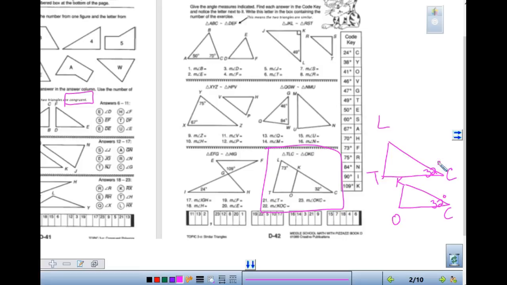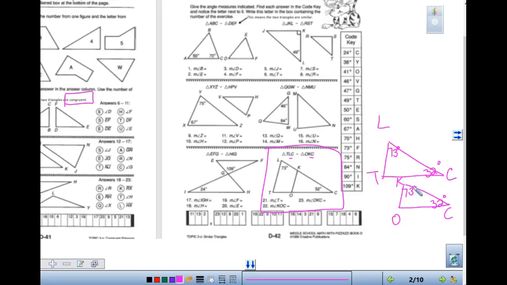We know that at angle L it is 73 degrees. And we know that our two triangles are similar, which means all the angles have to be the same measure. So if L is 73, and K is in the same spot, K must also be 73 degrees, right?